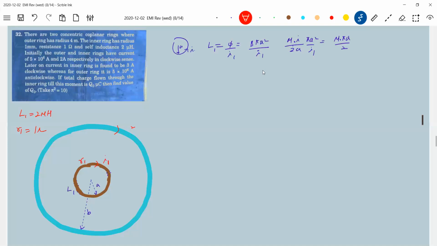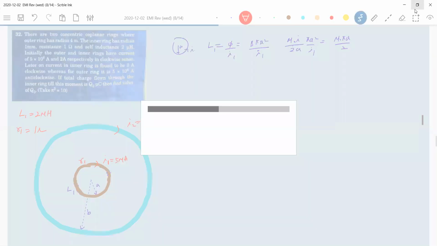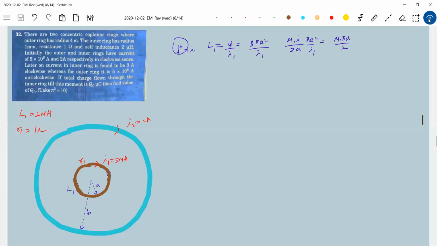Small letters, in clockwise sense. Later on, current in the inner ring is found to be 3 ampere clockwise, whereas for the outer ring it is 5 microampere anti-clockwise.